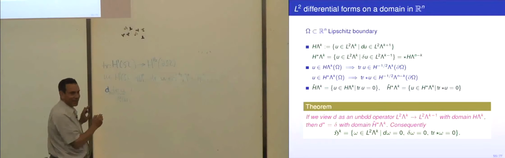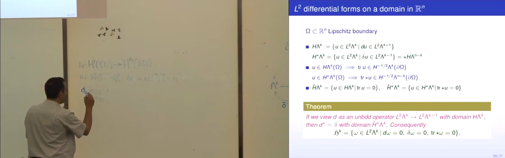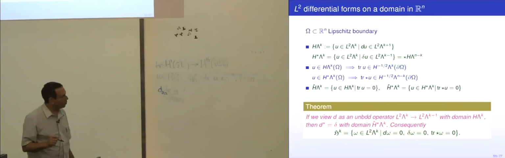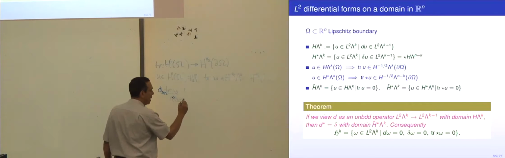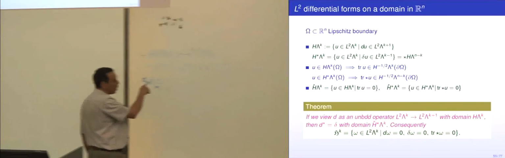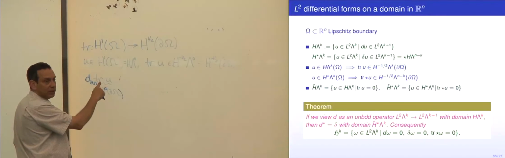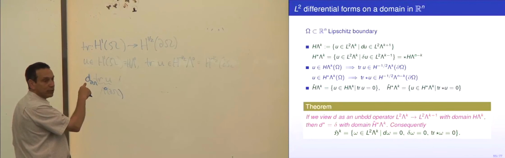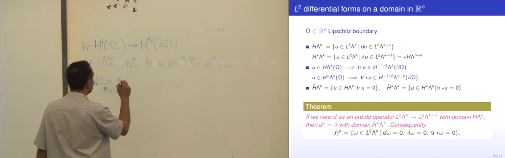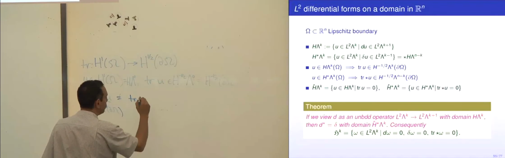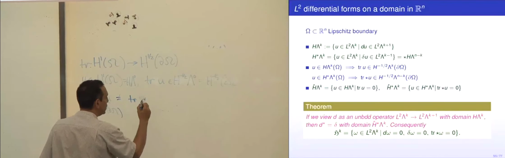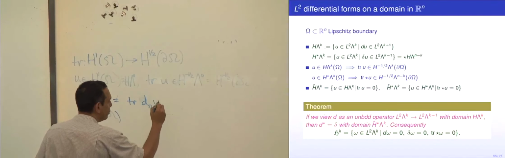D on the boundary applied to trace u. Well, this is a 0-form on the boundary, so this is the gradient on the boundary. But trace is the pullback of inclusion, and pullbacks commute with exterior differentiation. So this is the same as the trace on the boundary of D in the whole domain of u.